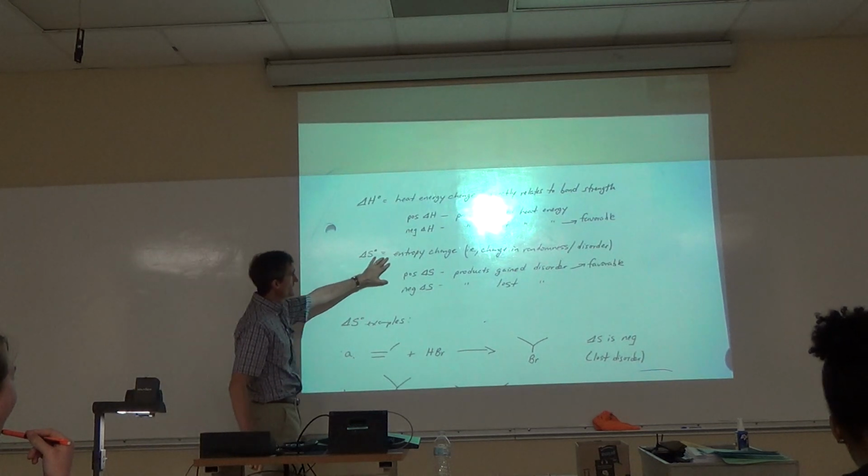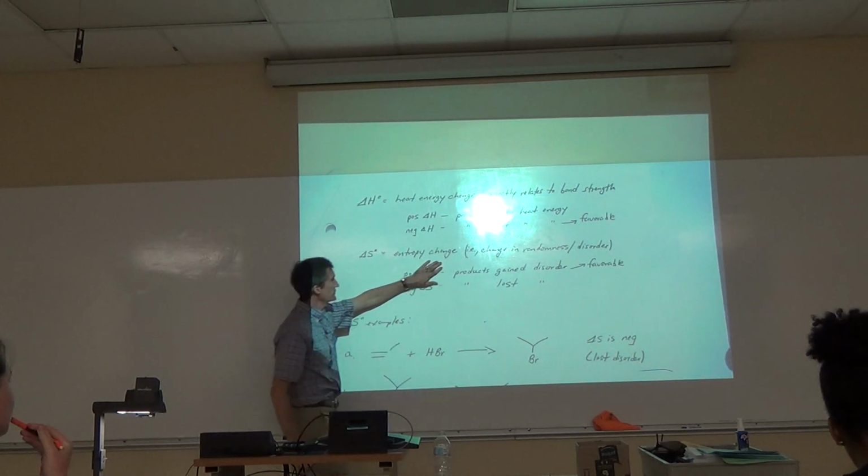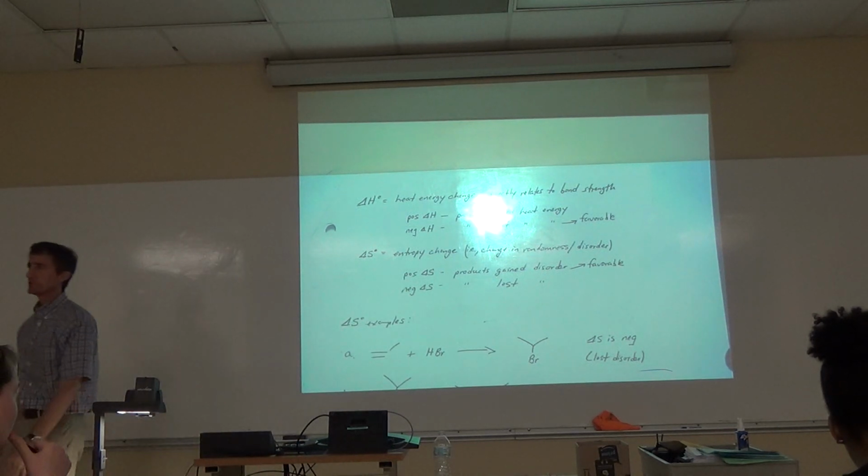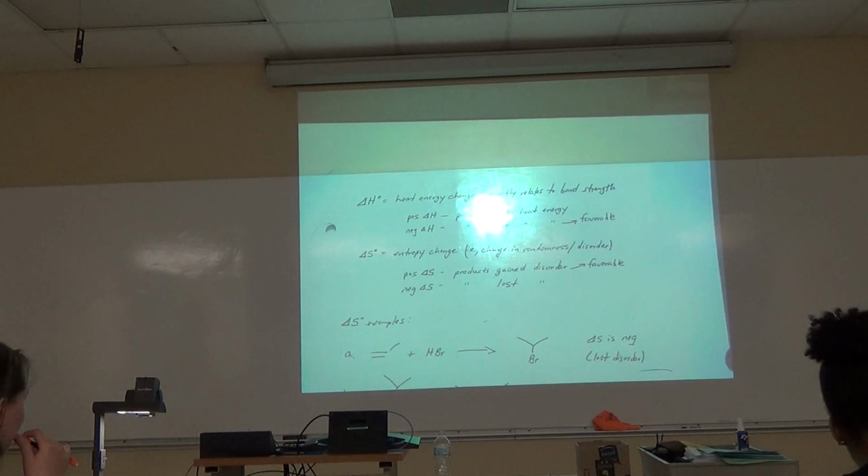Delta S is entropy, change in randomness or disorder. Which is favorable, positive or negative delta S? Positive delta S is favored, right? That would be a positive increase in randomness.